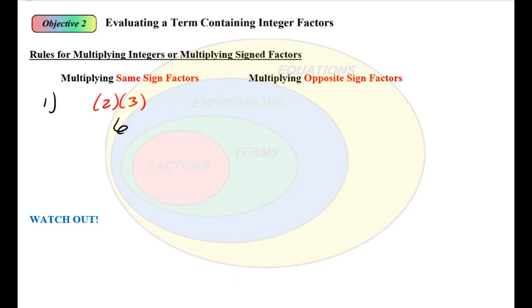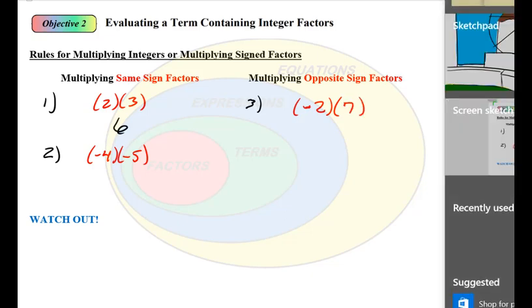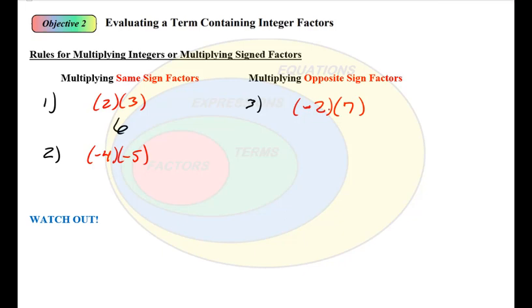And what if they were both negative, like -4 times -5? These are both negative, but I'll get back to that if we look at multiplying opposite signs first. So let's look at multiplying a negative 2 times +7. We could think of this, instead of repeated addition, as repeated subtraction.